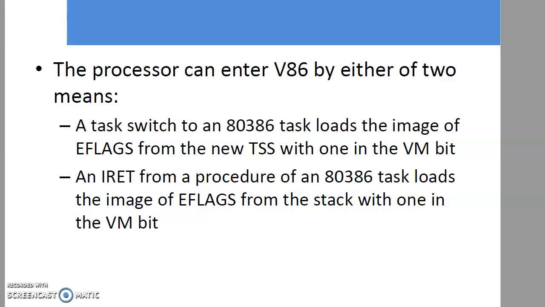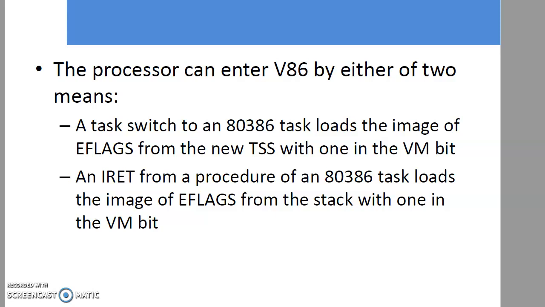Or there is another method: an interrupt return, IRET, from a procedure of an 80386 task loads the image of E flag from the stack with 1 in the VM bit. So there is an interrupt return from a procedure of the 80386 task, and it loads E flag with VM bit value 1.